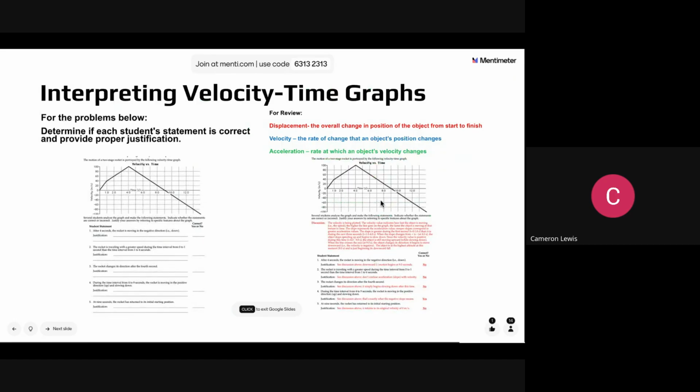So going back to number 2, right? The rocket is traveling with a greater speed during the time interval from 0 to 1 seconds than the time interval from 1 to 4 seconds. So no, right? We're saying no because if we look at the interval from 0 to 1, we're looking at the rate of change of the velocity from 0 to 1, and then the rate of change of velocity from 1 to 4. The rate of change of the velocity is actually speaking about the acceleration.